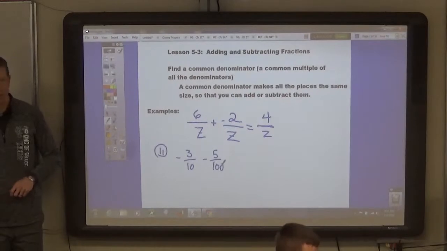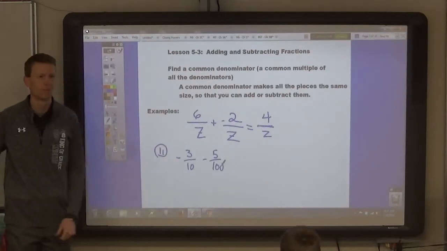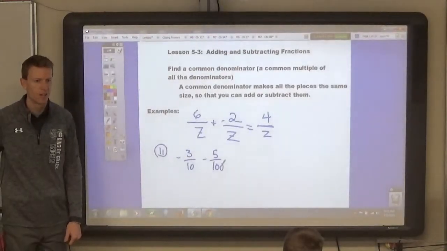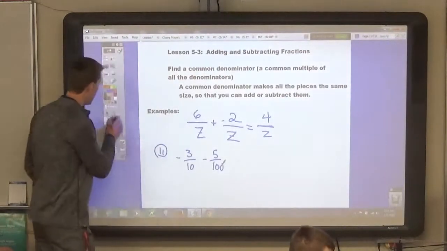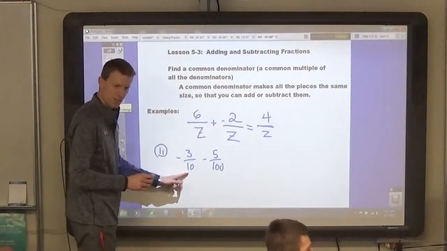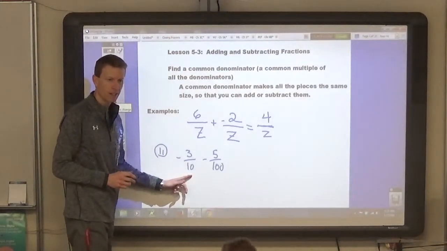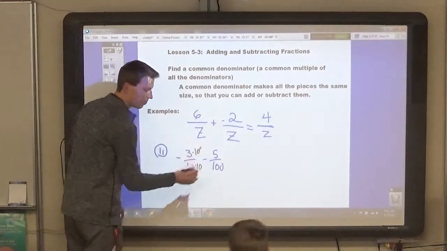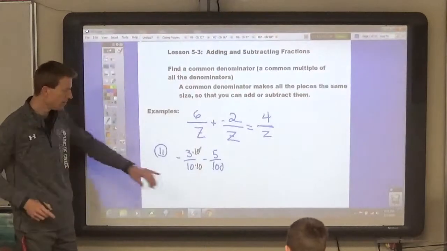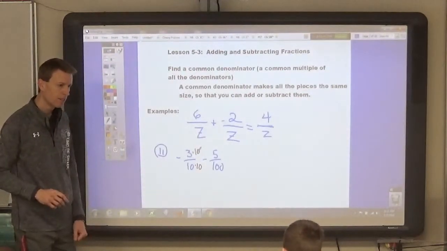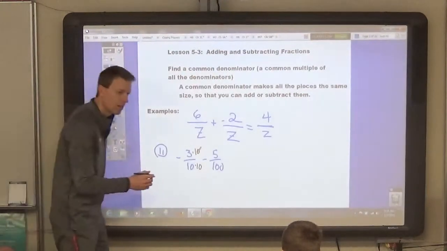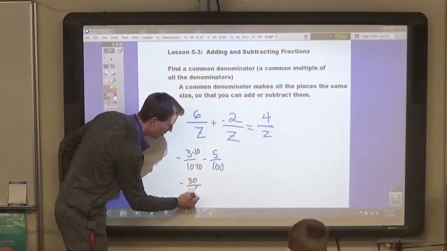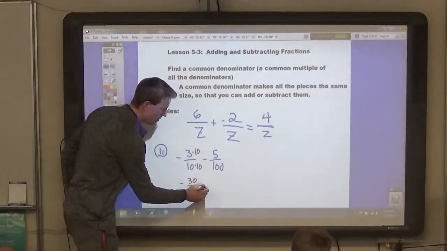Now, what's the common multiple here? Amelia? 100, right. We have to convert this to 100ths. So multiply by 10 and rewrite it. AJ, or Johnny? Rewrite it to what? Negative 30 over 100. Now, how do we finish this?